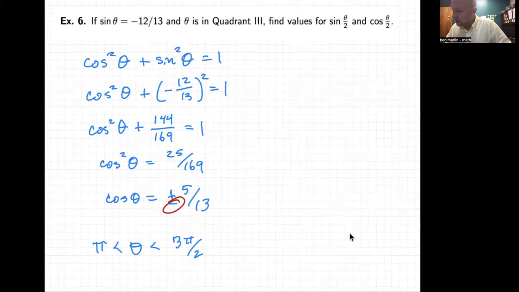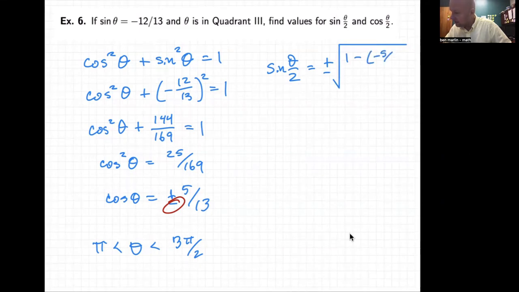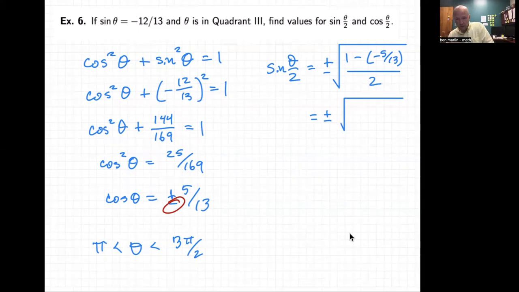And now, when we talk about sine of theta over 2, we're going to have plus or minus the square root of 1 minus, and that cosine was -5/13, and that's all over 2, right? Okay.